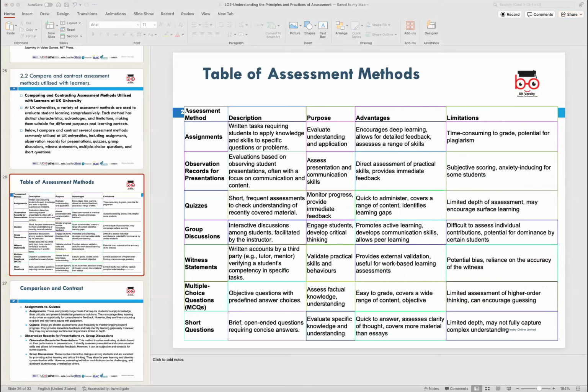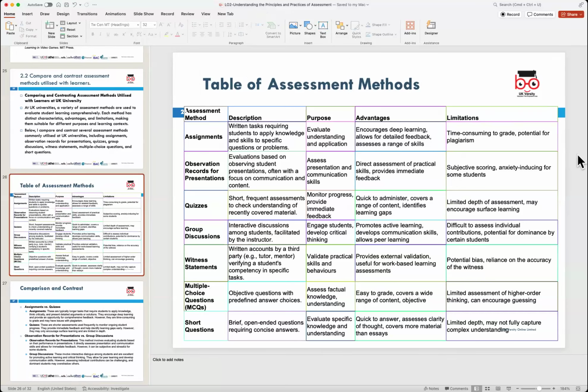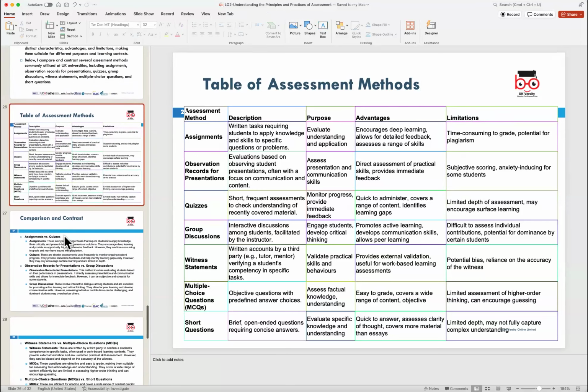So we are looking at understanding the different types of assessments, their advantages and their limitations. This comparison helps you understand which methods are used, and when they are required in checking your learners' achievement.